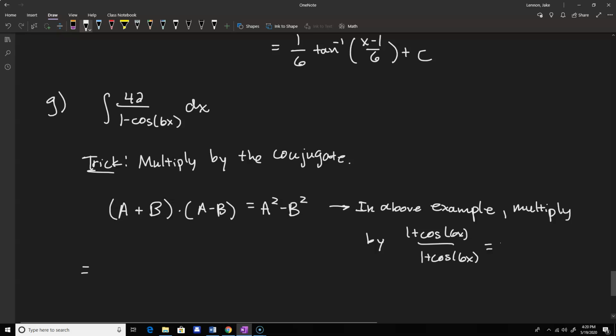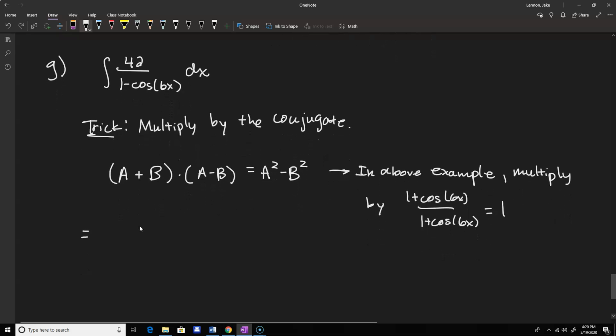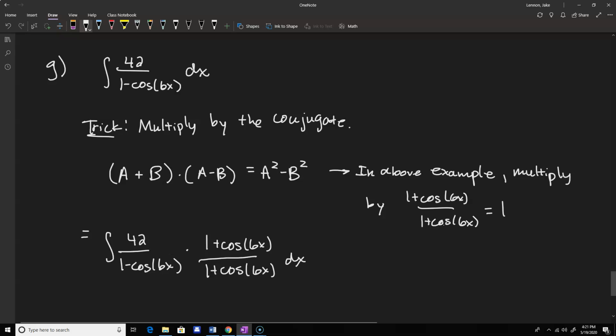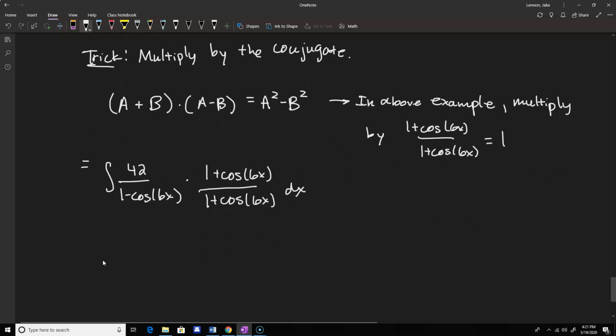Again, that is a clever form of 1, so we're not changing the value of the expression that we're trying to integrate. So we have the integral of 42 over 1 minus the cosine of 6x, and we're multiplying by 1 plus the cosine of 6x over 1 plus the cosine of 6x. So the bottom is going to become 1 minus the cosine squared of 6x.